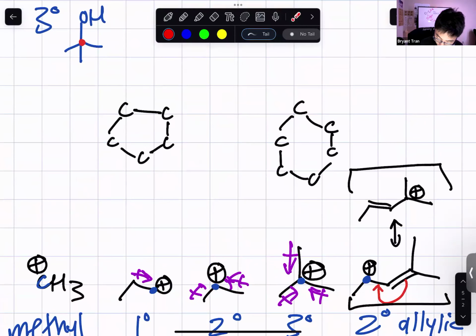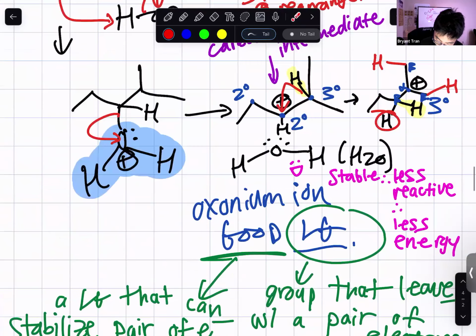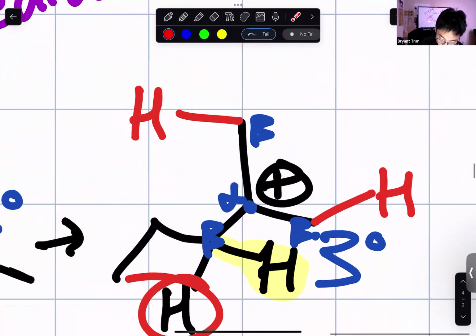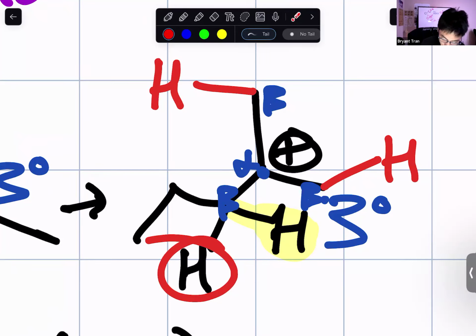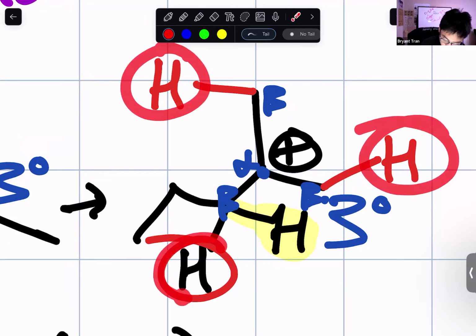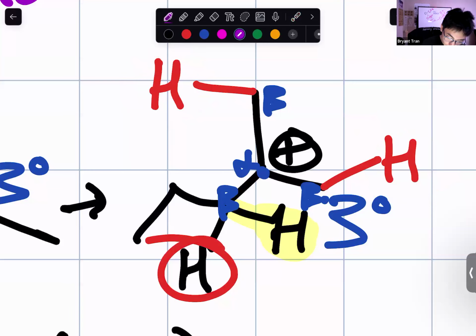So now, if we go back up here, and we want to make the more stable alkene, we have to look for which hydrogen is more substituted, right? And we're going to focus on these red hydrogens here, all these beta hydrogens here. The one on the top is primary because this carbon here is attached to only one other carbon.